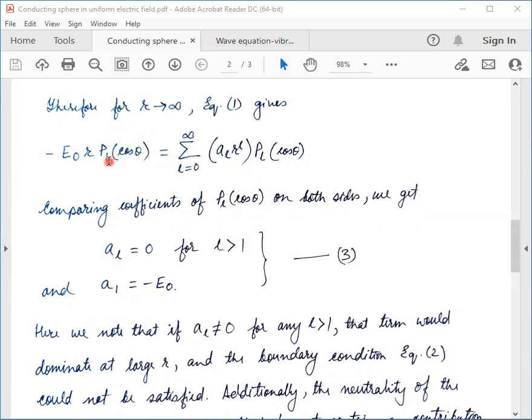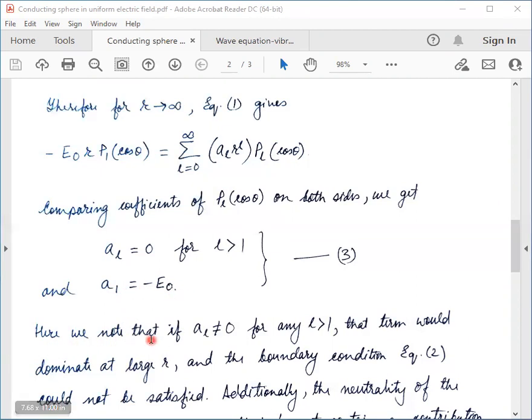So comparing this P1 and this P1, what do we get? We get that A1 is equal to minus E0. If we take L equal to 1, we get A1 r P1(cos theta), and comparing with minus E0 r P1(cos theta), we find that A1 is equal to minus E0.